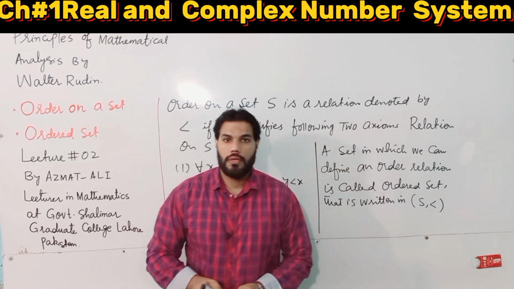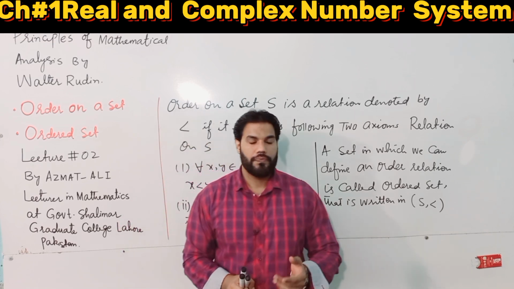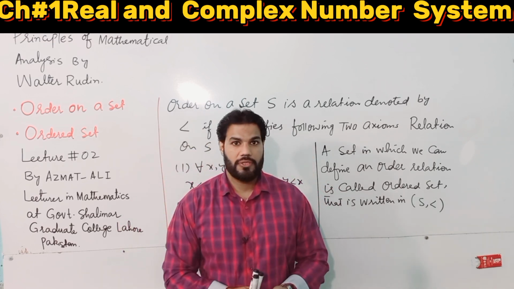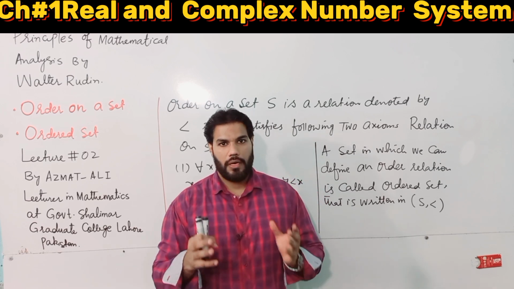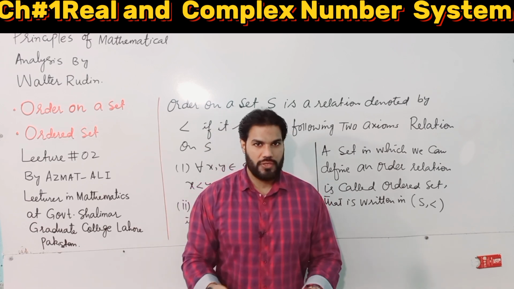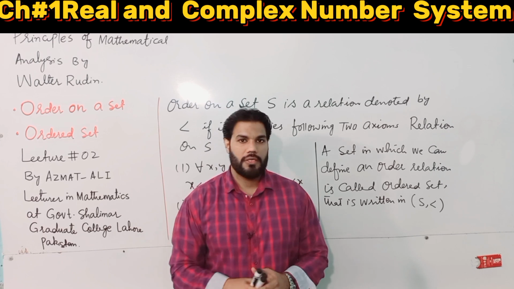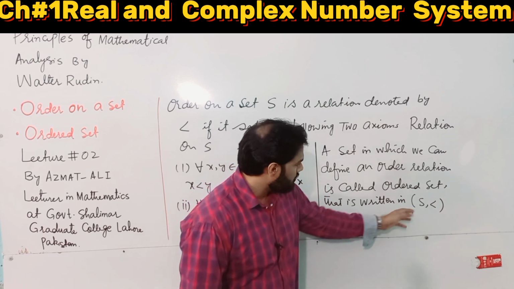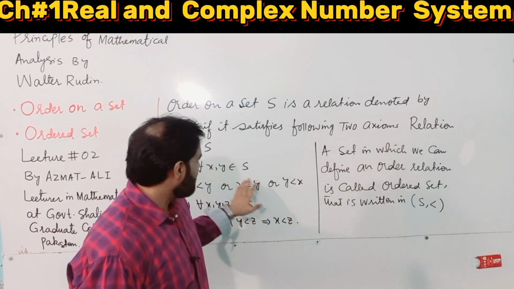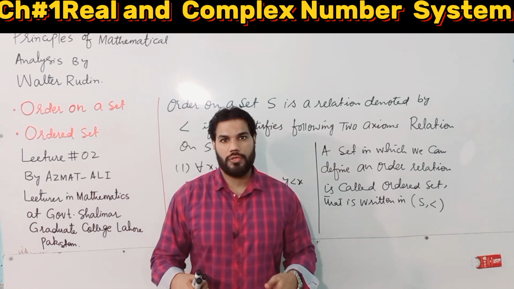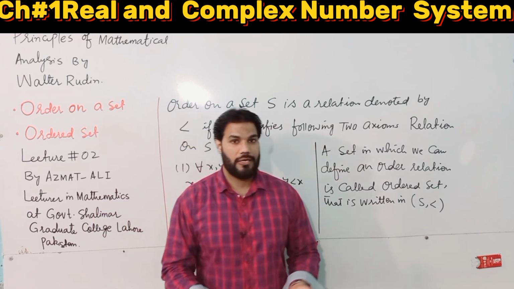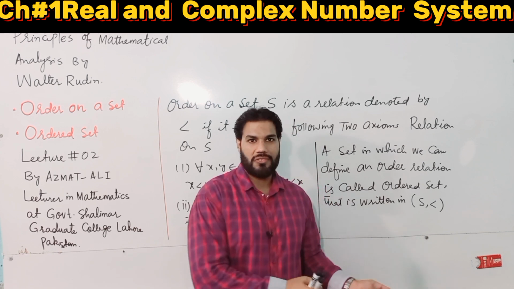Now I share here some examples in which I will elaborate the concept of this order relation. Sometimes this relation less than sign has its usual meaning that we use in routine mathematics, when we say one number is less than the other.